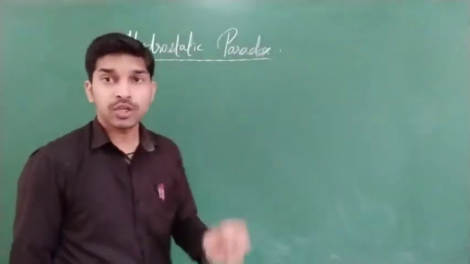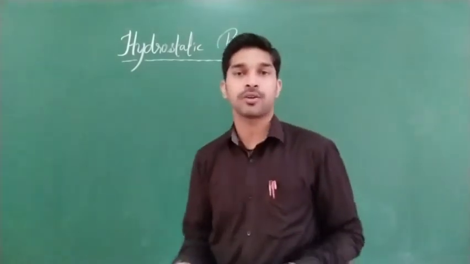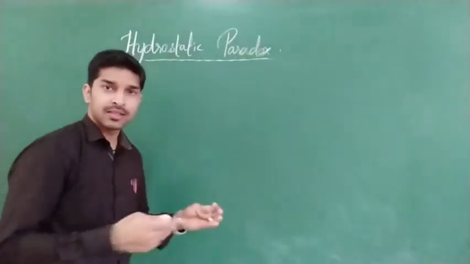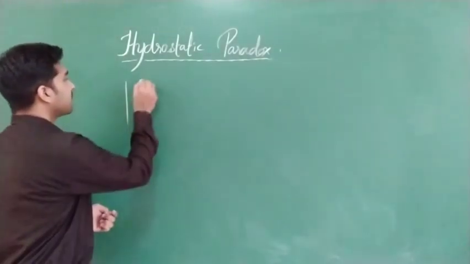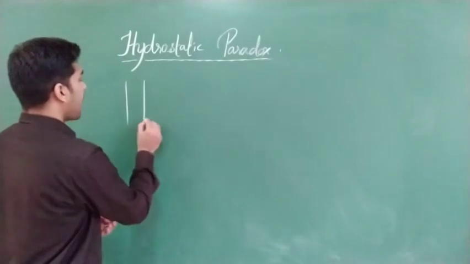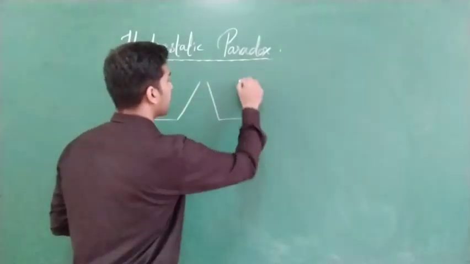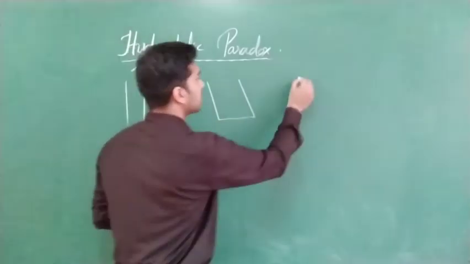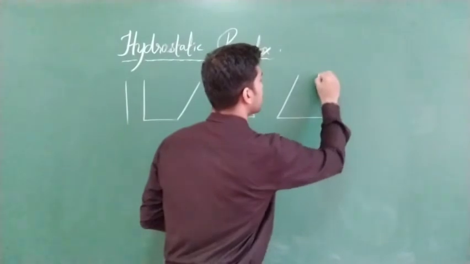Listen, hydrostatic paradox. So what is the meaning of this hydrostatic paradox? We have 3 to 4 different vessels. One is vertical here, the next one is conical like this, and another conical one like this. Next let us take this side.